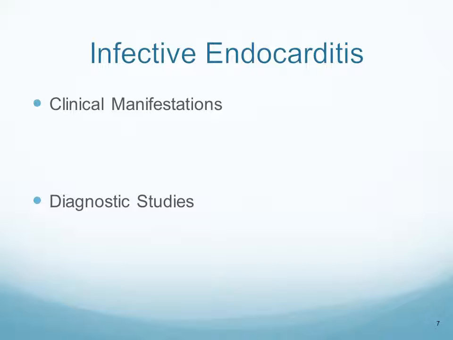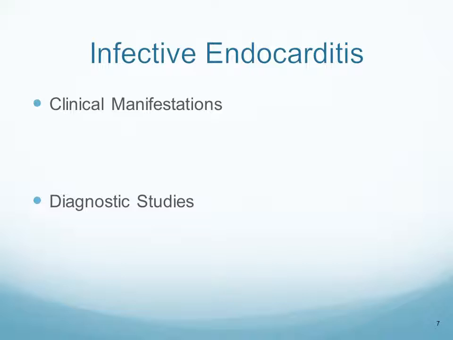Often these vegetations will go and clog up the renal artery, in which case we will have flanking and maybe some hematuria. We can also see it manifested in the splenic artery, and that would be a sharp, shooting left upper quadrant pain if the spleen is affected.